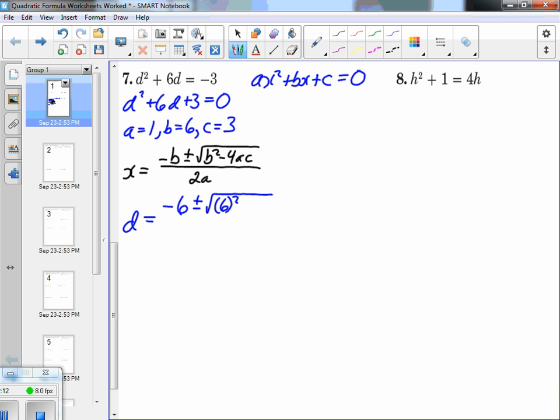Minus 4ac, minus 4 times a, which is 1, times c, which is 3, divided by 2a. 2 times 1.